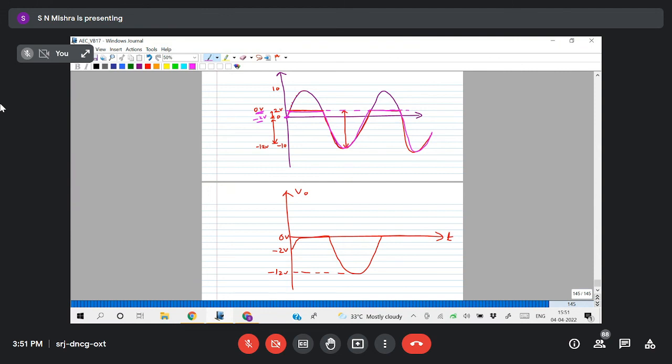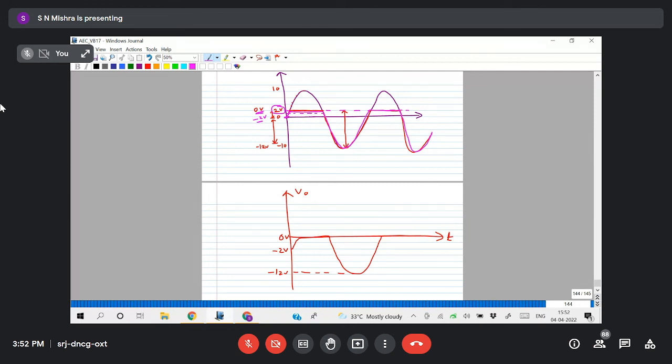Now same thing if you do for silicon diode, the 2 line will be 1.3. It will be changing according to that. So here 2 is changing to 1.3. I'm taking a little bit lower here, so it will be 1.3.